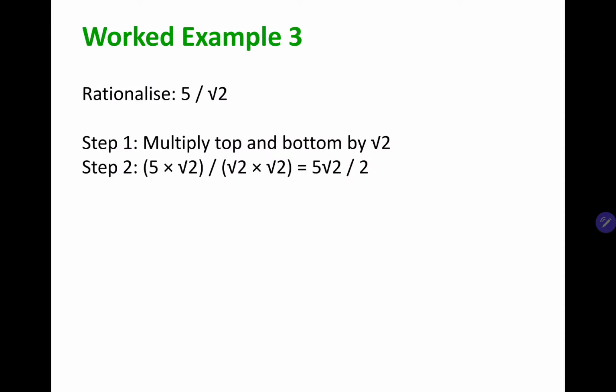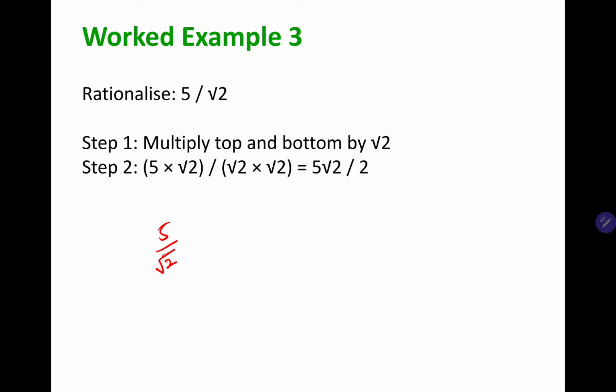Rationalize 5 over root 2. You know, 5 over root 2 is not a rational expression. It's irrational. By rationalize, we want to make it an expression where the root sign is in the numerator and the denominator is a rational number, then it will be a rationalized fraction.